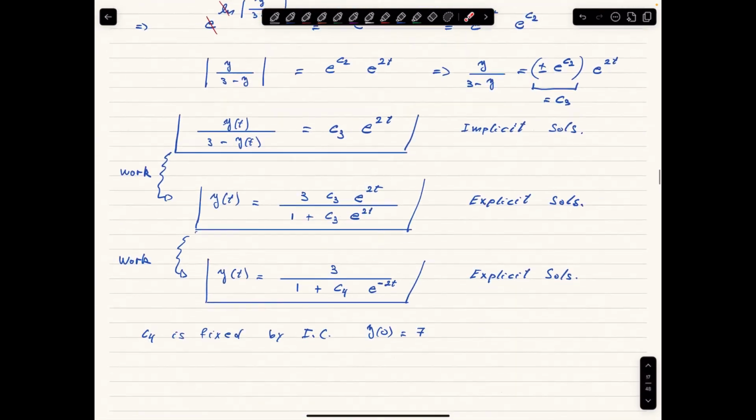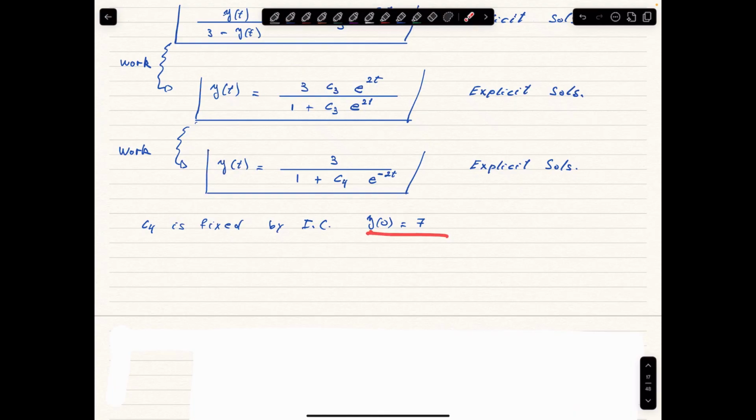That initial condition here is gonna fix, of course, the constant C4. And we are going to need to do some work, but the work is essentially 7 is equal to the function at 0, which is 3 over 1 plus C4, because exponential of 0 is 1.